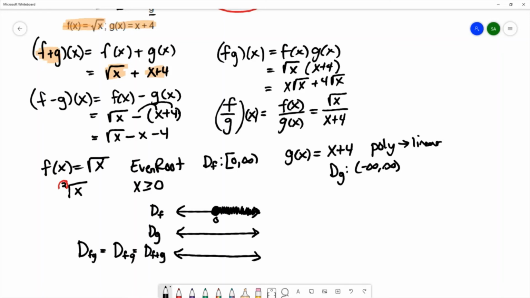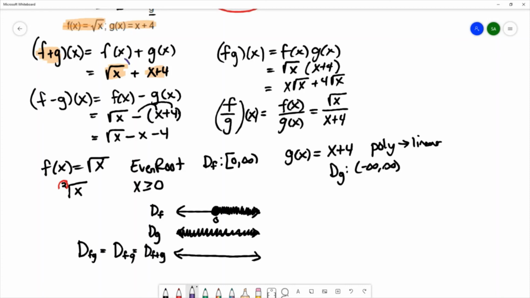With g being a polynomial function, I would shade the entire number line because the domain of g is all real numbers. When we combine the functions together with adding, subtracting, and multiplying, we have to consider the individual domains.